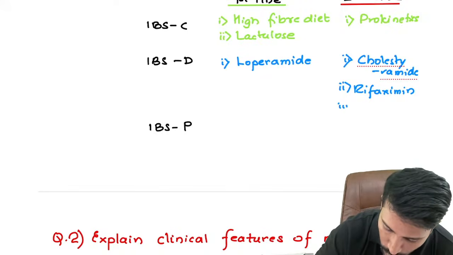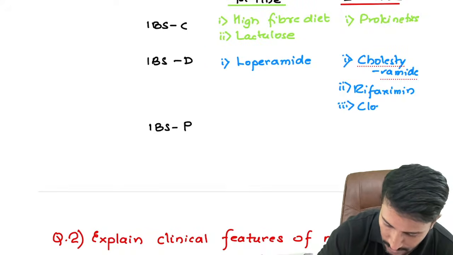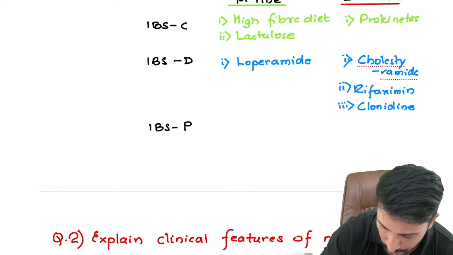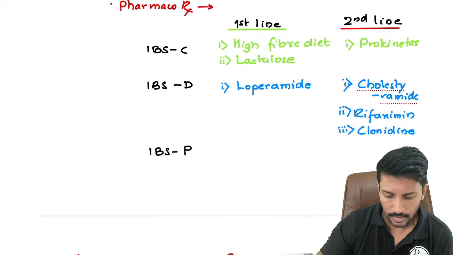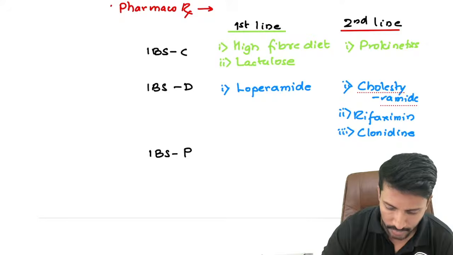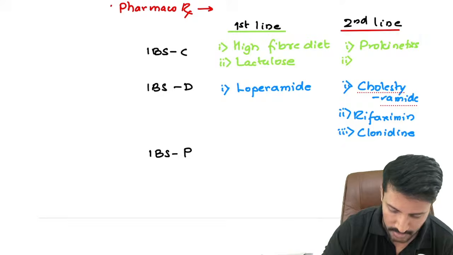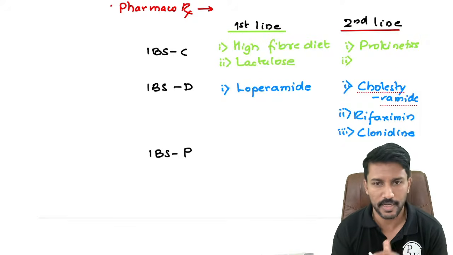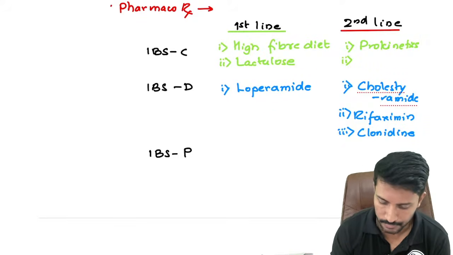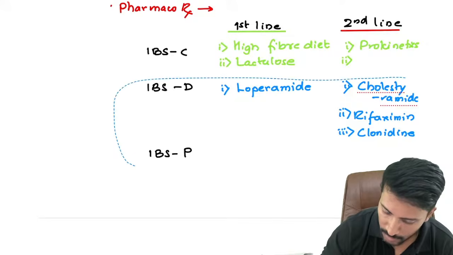Then the third thing we can use is clonidine, which is an alpha agonist. Okay. Now, apart from the prokinetics, we also have some more drugs which are relatively new for the management of constipation predominant irritable bowel syndrome.